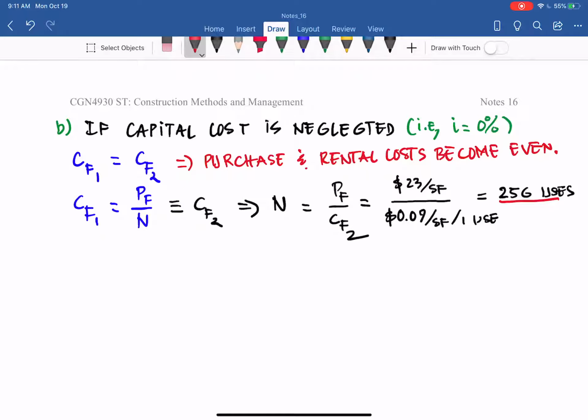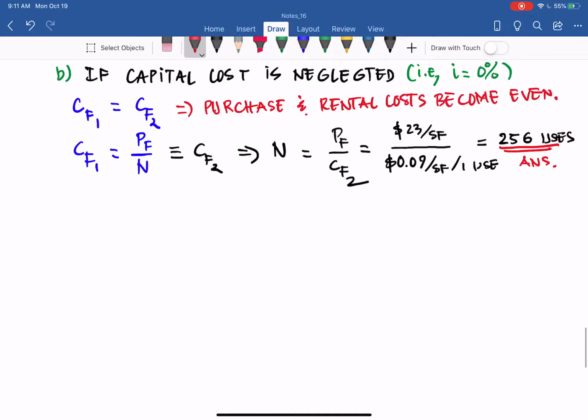So if you ignore the interest, and like I say, this is not realistic. The next one will be more realistic, and that I want to emphasize here.